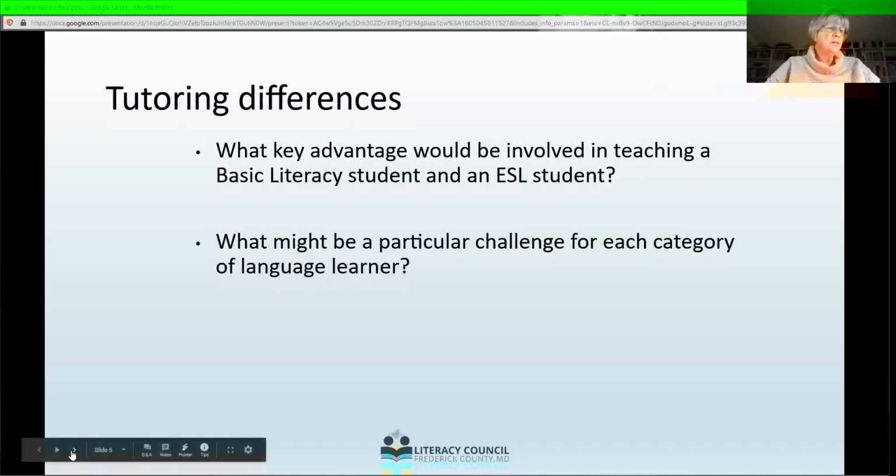They're used to hiding their inability to read due to stigma and the fear of being found out. The ESL student may have problems dealing with life in their new community or have difficulty understanding our culture and how things are done. Both types of students may be very nervous, and both categories of students are equally rewarding and challenging.